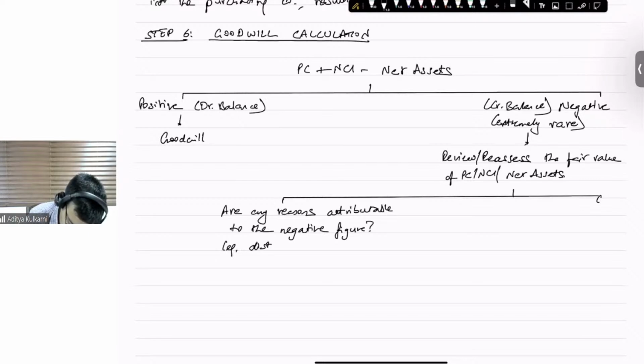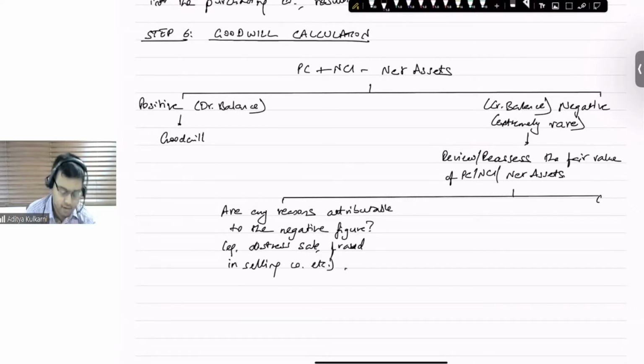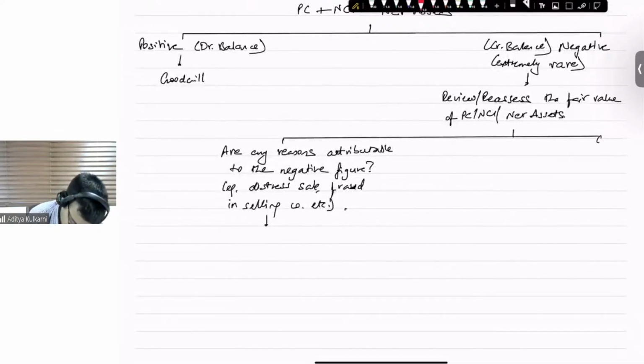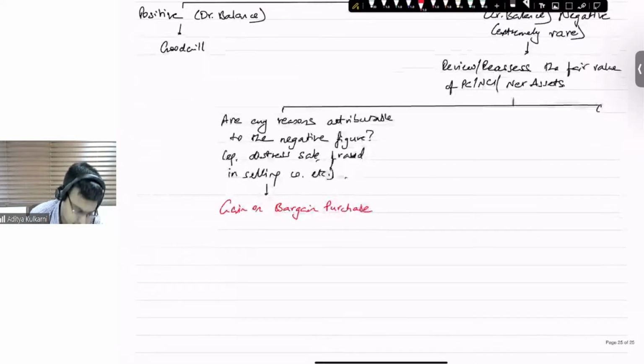Example, distress sale, fraud in the selling company, etc. If you know the reason, then you will record it as gain on bargain purchase.